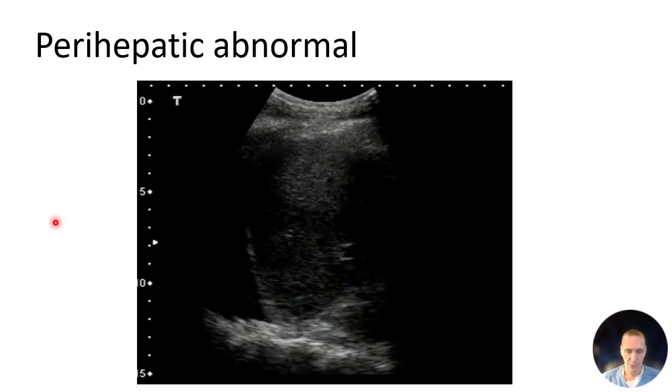So here's some abnormal findings again. Patient's head here, patient's feet here. This is the liver. This is the spine. And notice, remember on the other images, the spine was not there. However, we see it. And the reason we see it, sound waves travel through the diaphragm here.